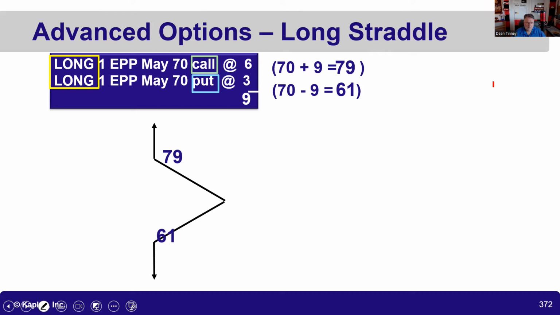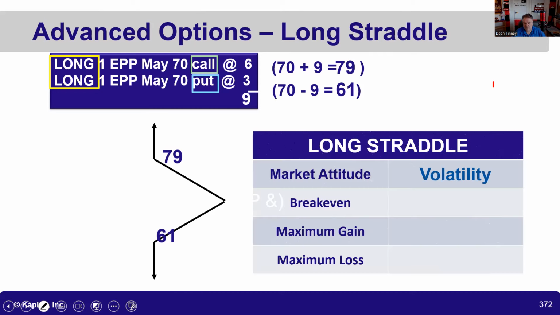At expiration, if the price is 70, the contract's expired, I lose my money. So we use this when we expect volatility, but direction's uncertain. Our break evens are 61 and 79. Our maximum gain is unlimited, max loss is the premium. You shouldn't be struggling with the idea that when you buy a position, the maximum loss is the premium.